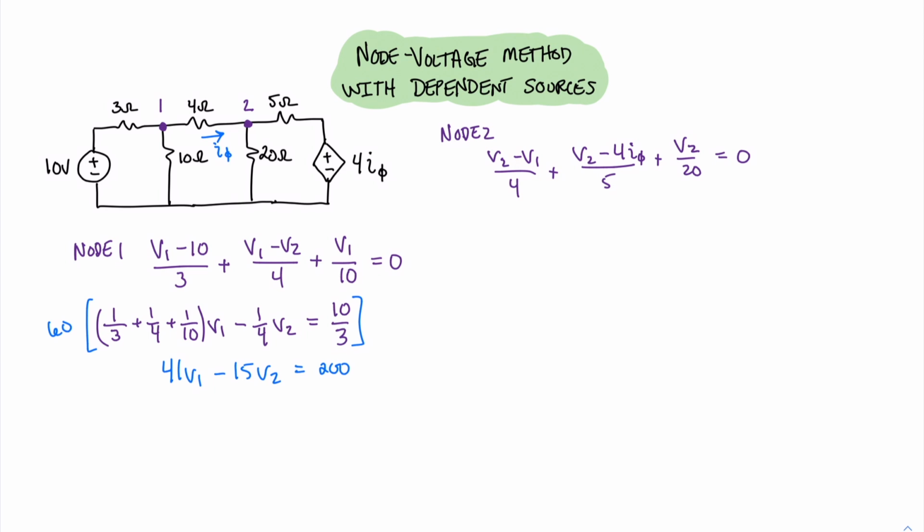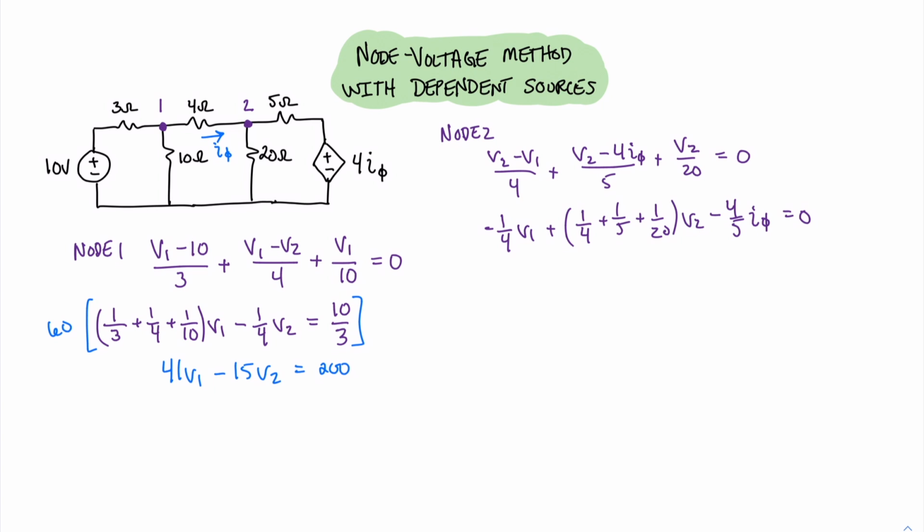Now let's simplify that, and we get minus 1/4 V1 plus a combination of 1/4 plus 1/5 plus 1/20 times V2, minus 4/5 I phi equals 0.